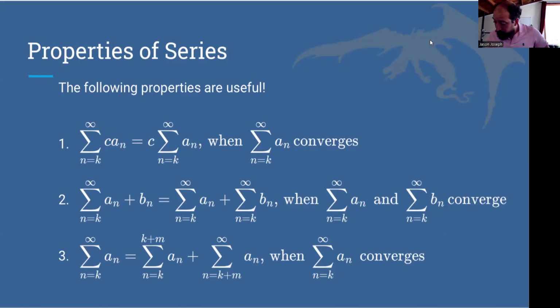It's in both here and here. So this should say from k plus m plus one to infinity.